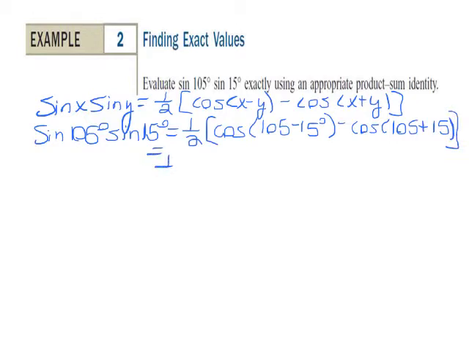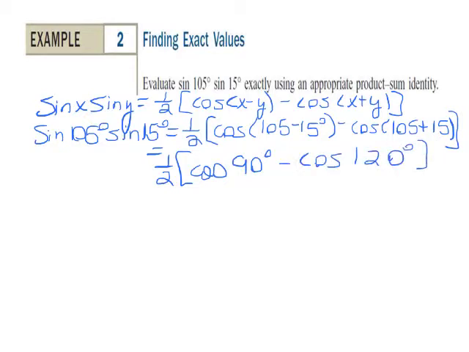Okay, 1/2 times cosine 105 minus 15 is 90 degrees minus the cosine of 120 degrees. You're going to go to your circle, and the cosine of 90 degrees is 0 minus, and then for 120, we're going to go on our circle.